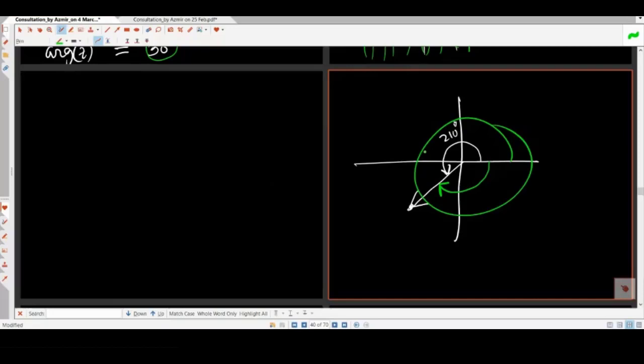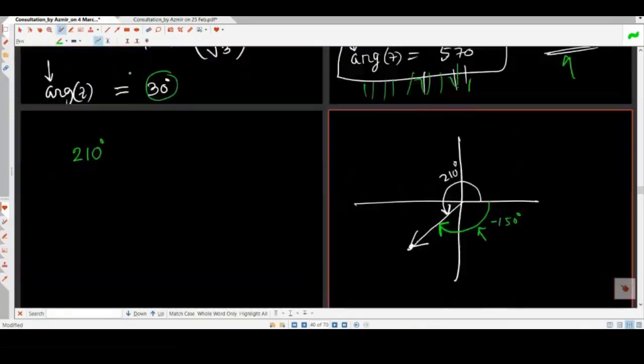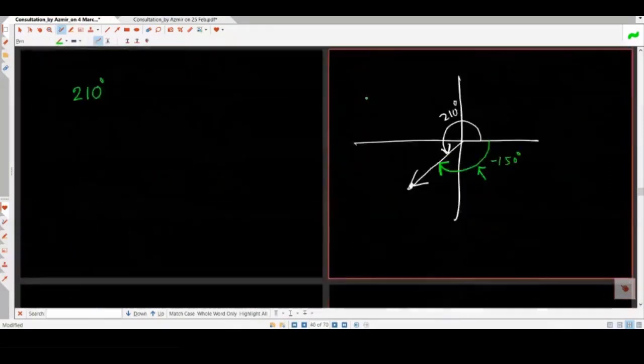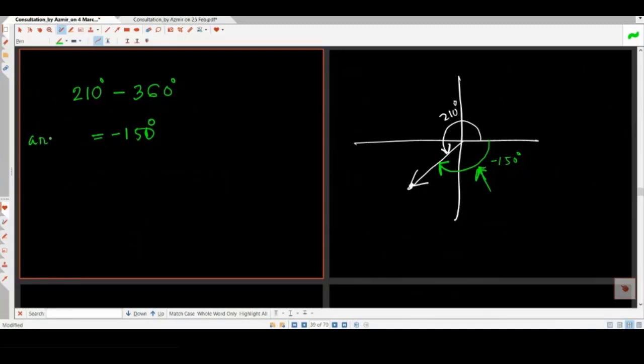From here to here, the total angle is 360 degree. So now we are looking for this one. So we have the main argument as 210 degree previously. Now to have this result, we are adding negative 360 degree, and this is becoming negative 150 degree. So it is also our argument, but let us check with our principal argument concept.